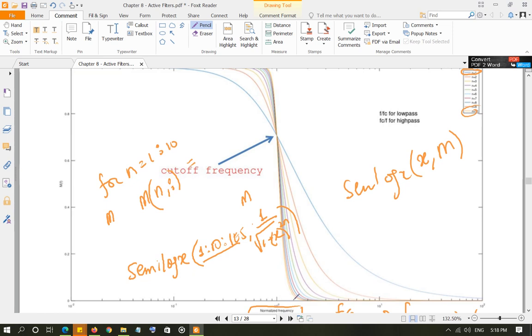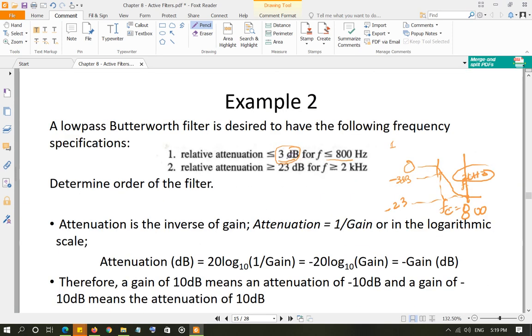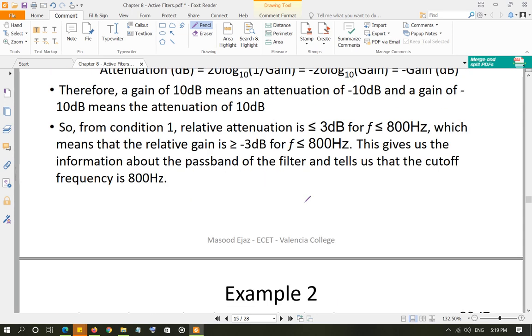So you go to 2.5 on the x-axis, and then you start going up and observing the y value. And when the y value for the stop band becomes 23 decibel or more, not less than that, more than that. If you're talking about gain, then it's going to be negative 23 decibel or less. If you're talking about attenuation, it's 23 decibel or greater.